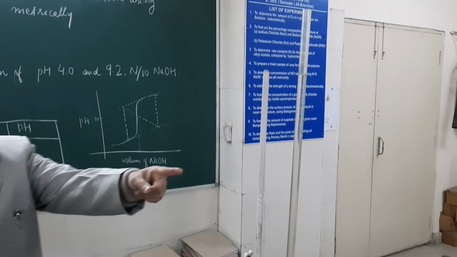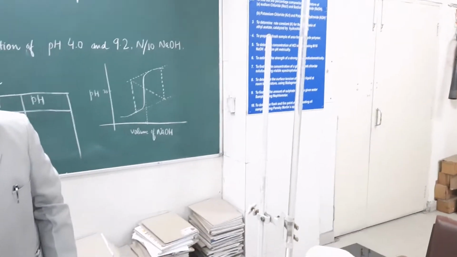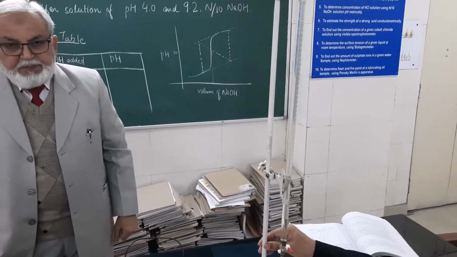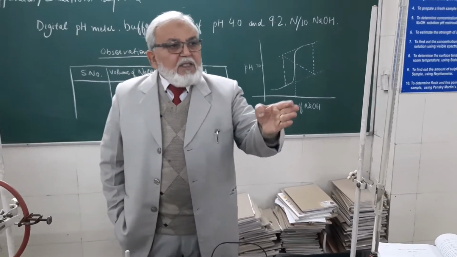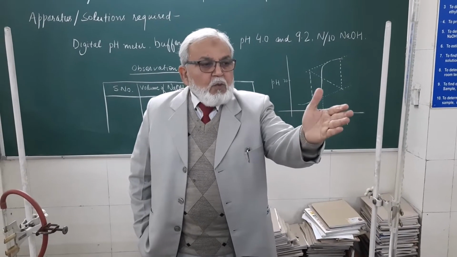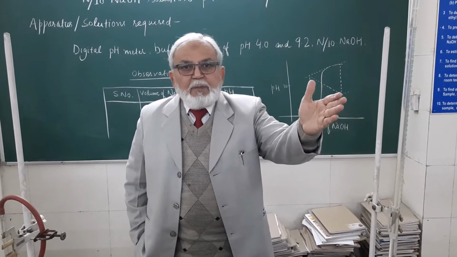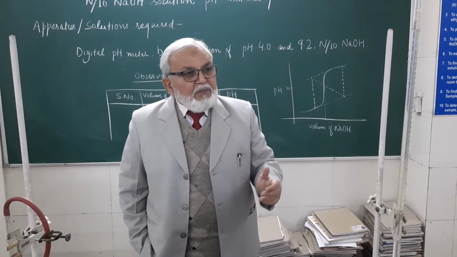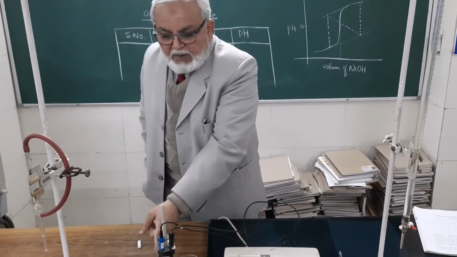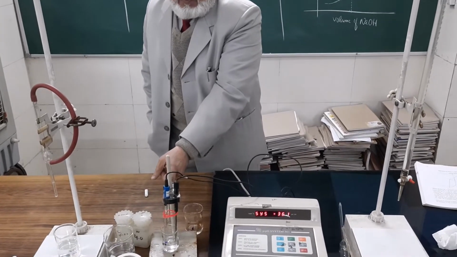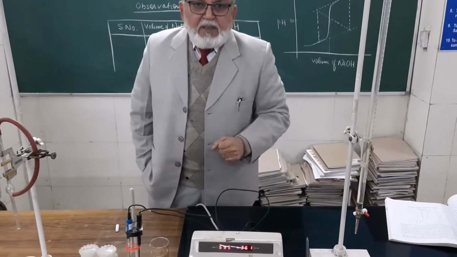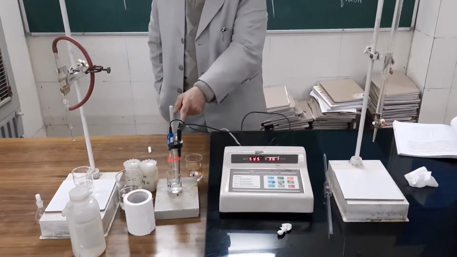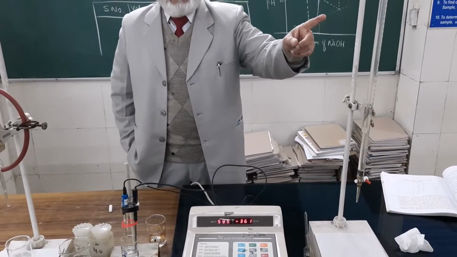Standard N by 10 NaOH solution is filled into the burette. Now in this titration we keep on adding our known NaOH solution of N by 10 normality from the burette into this unknown solution of HCl, and we will keep on reading the pH after each addition from the burette.